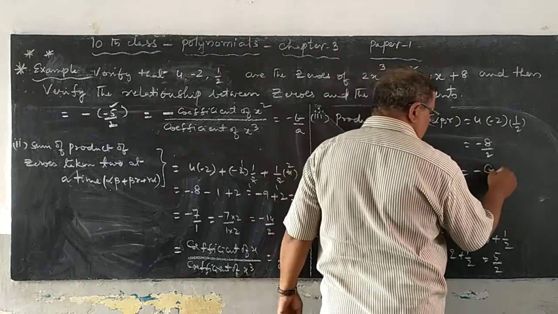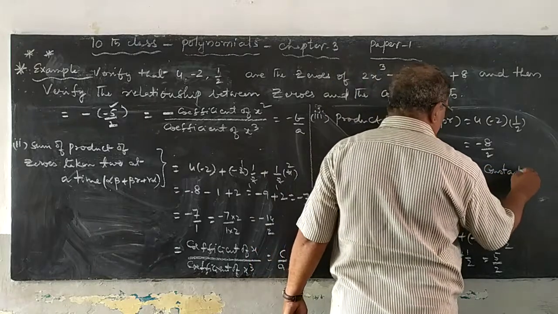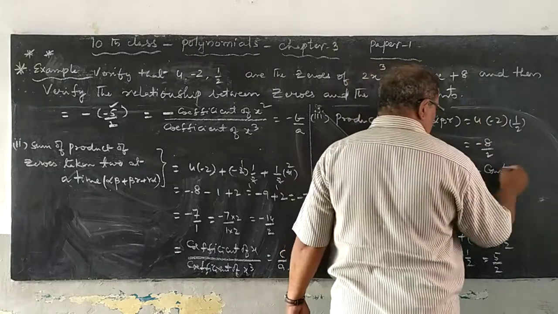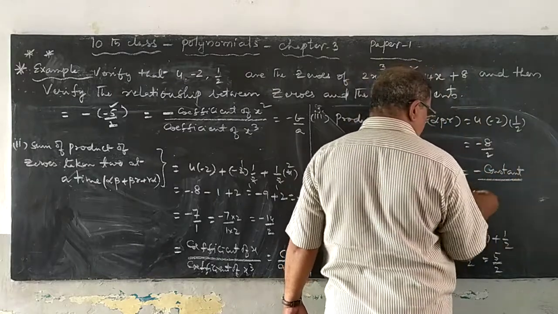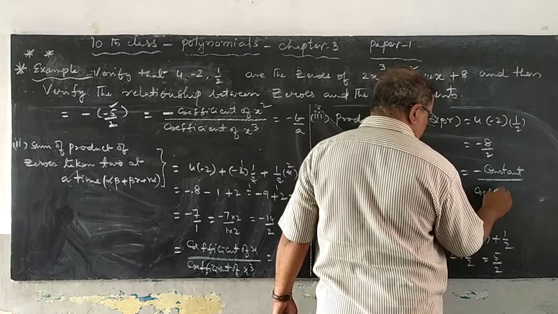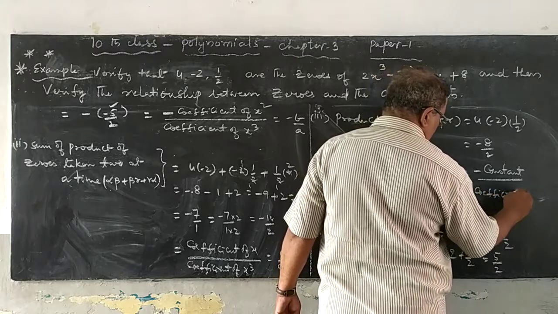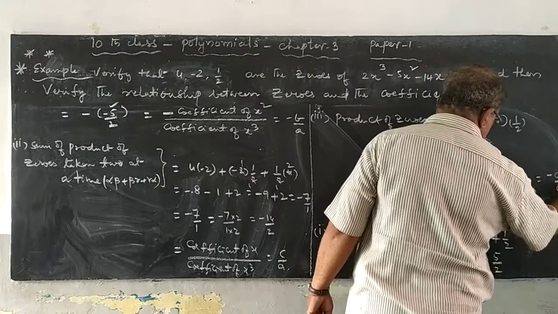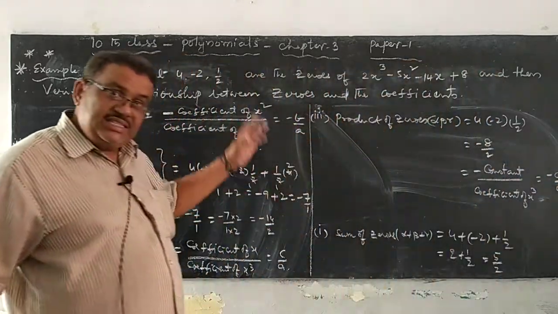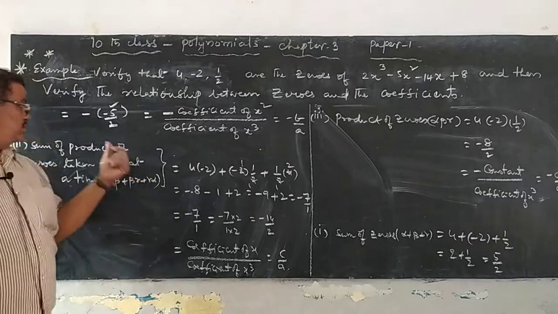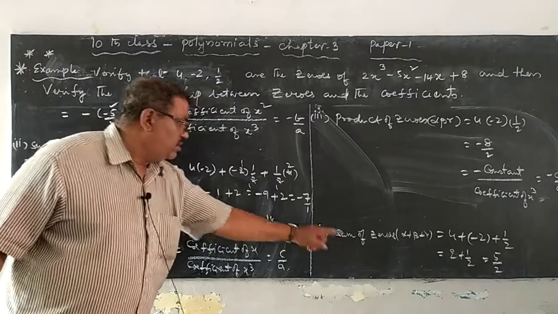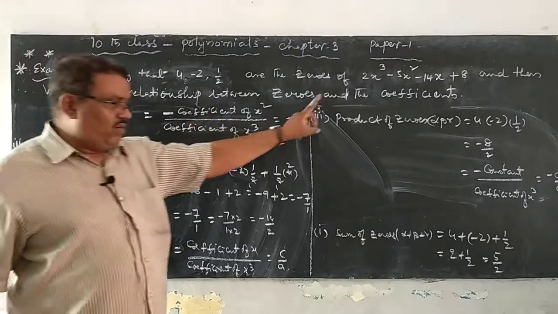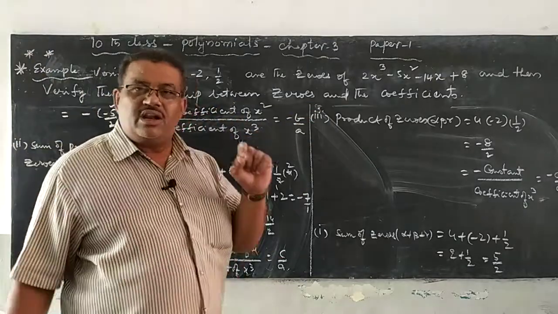Minus the constant term by the coefficient of x cube, that is minus d by a. So, this is the relation between sum of zeros, sum of product of zeros taken 2 at a time, and product of zeros. Okay children, this is the end of the class.